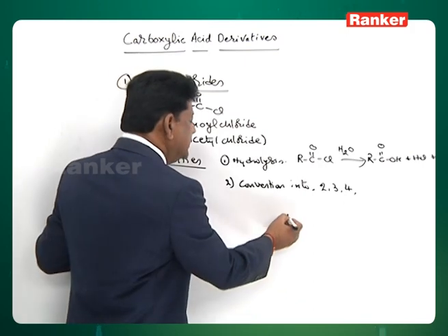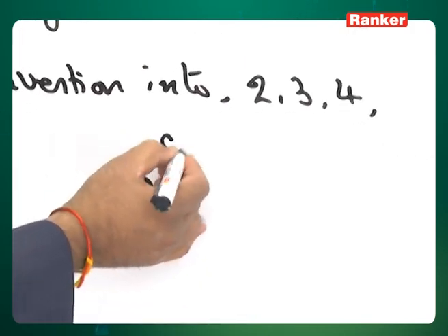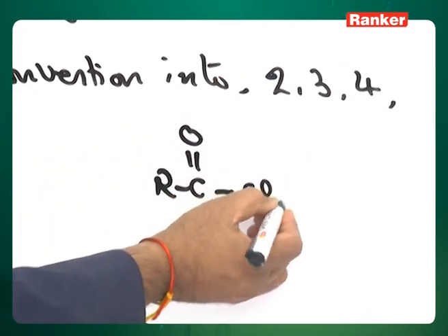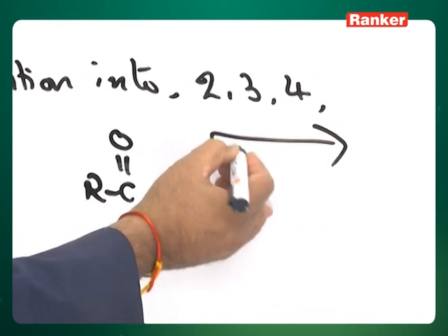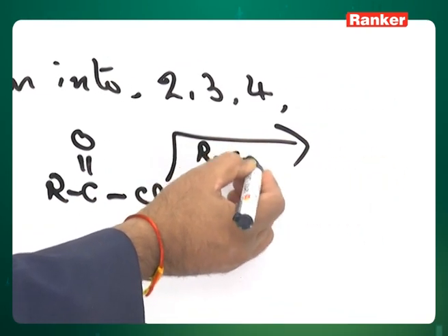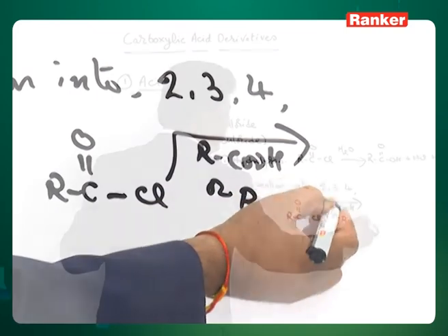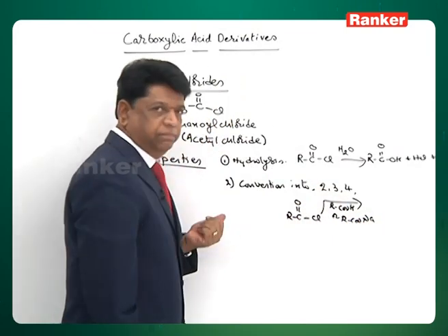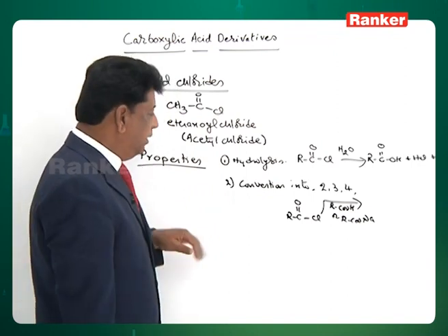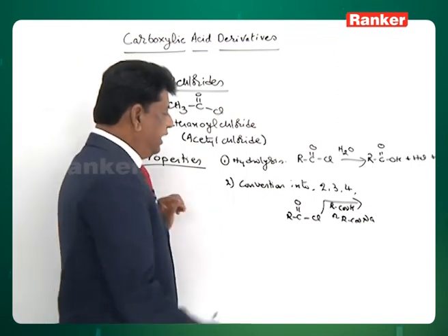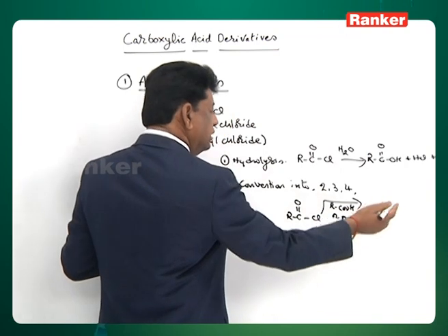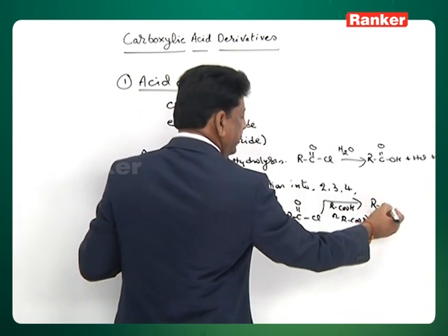So, acid chlorides readily convert because the other 2, 3, 4 are more stable. So, just by adding either the carboxylic acid or its salt RCOONa. Best is always the salt, as per the Williamson synthesis. A byproduct goes into NaCl when you use this one. So, the reaction will become easier.